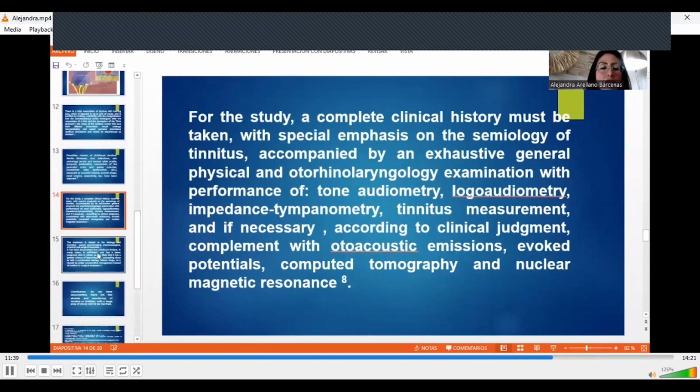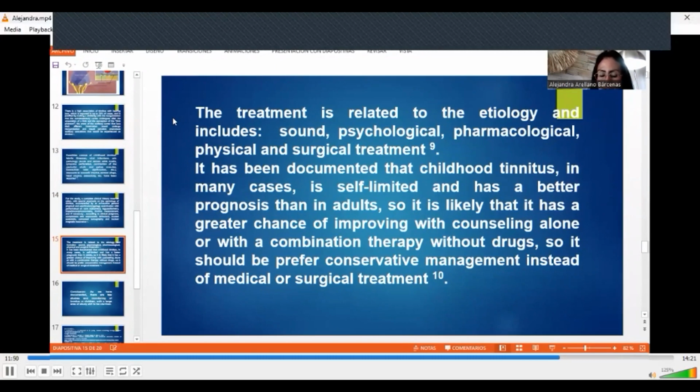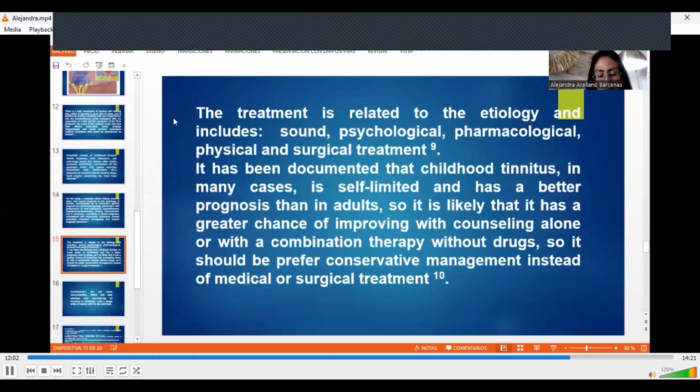And talking about the treatment, this is related to the etiology and includes sound treatment, for example, tinnitus retraining therapy, psychological treatment, pharmacological treatment, physical treatment, for example, hearing aids, and surgical treatment.